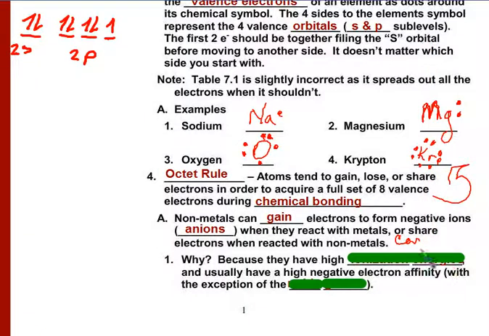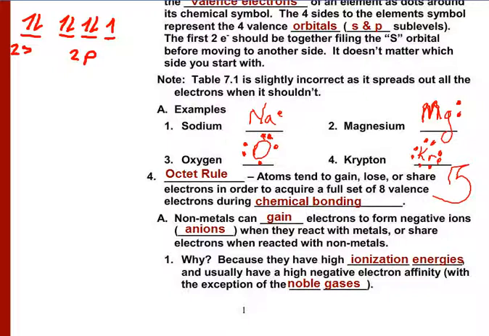That is called a covalent bond, and we'll get to that when we start chapter 8. Now, why do nonmetals gain electrons? Because they have high ionization energies, and they usually have high electron affinity, except for noble gases.